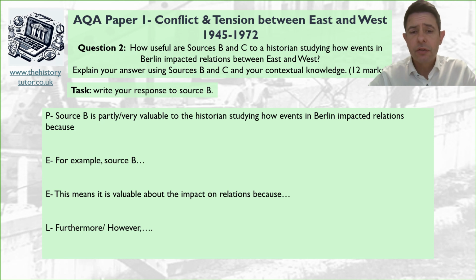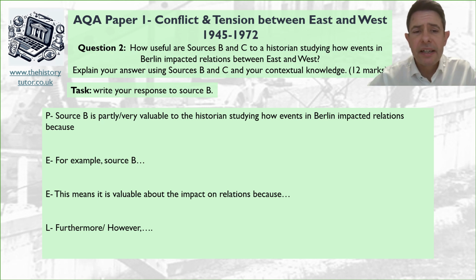Then we can talk about source B. We can either talk about the content first, the message, or the provenance. It doesn't really matter. Then we explain with a little bit of knowledge about that. And then we can do a furthermore or a however at the end, and talk about the other argument we've not talked about, either the content or provenance, depending on which we've spoken about earlier on. Okay, so let's give this a go.